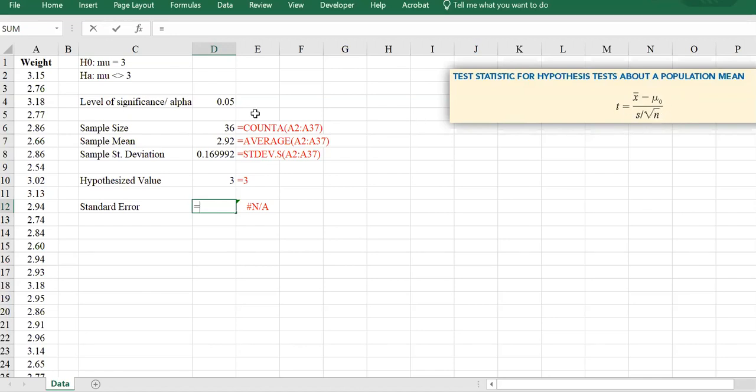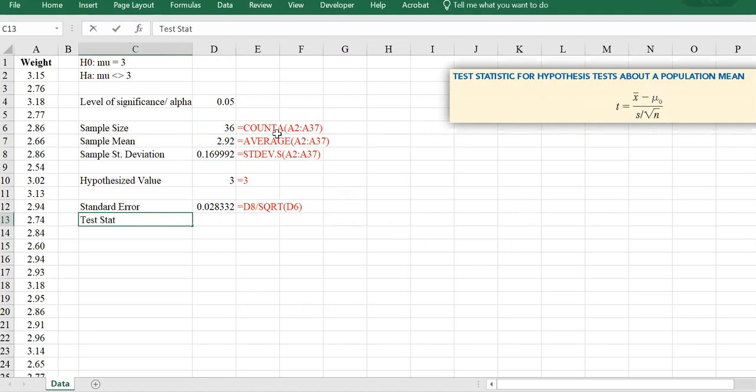We already know that we refer to this denominator, S divided by square root of n, as the standard error, or the standard deviation for x bar, the sample mean. We already know this from the distribution of x bar. So the sample standard deviation divided by the square root of the sample size gives us the standard error.